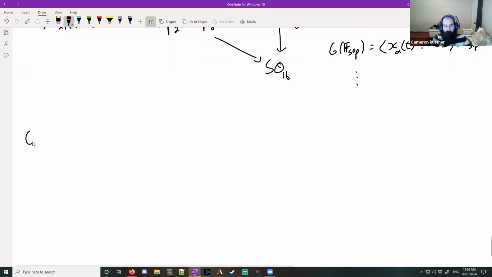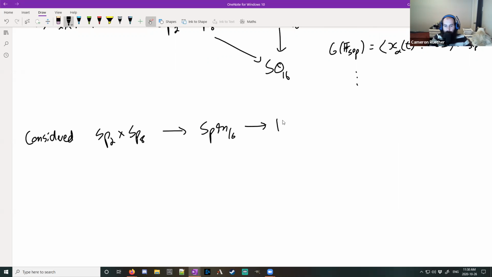And so what he did was he considered the composition of this map into half-spin. And with this explicit description, actually an explicit description of both of these maps, you can compute the kernel.